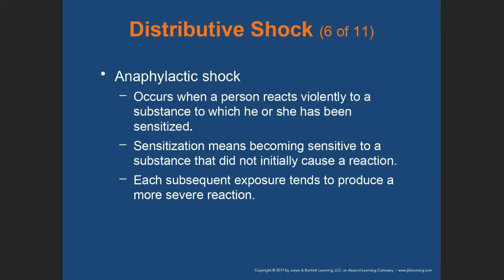Now, when an allergic reaction becomes systemic, that is where it starts to cause problems, because the allergic reaction is going to produce chemicals in the body. And one of the chemicals that are produced is histamine.